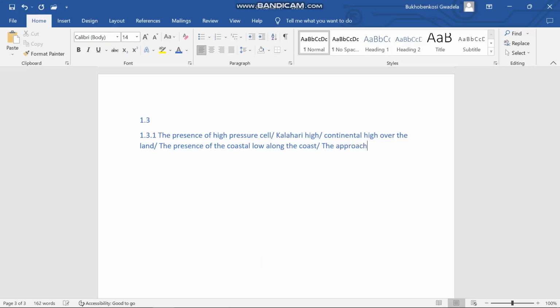The approaching cold front or approaching mid-latitude cyclone, because a mid-latitude cyclone occurs just after the berg winds. That's how it goes for 1.3.1.